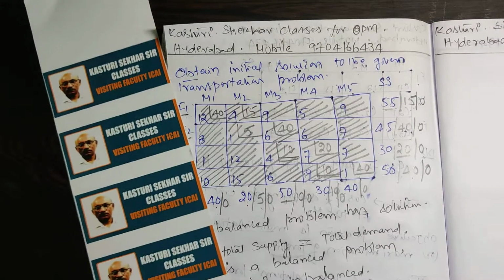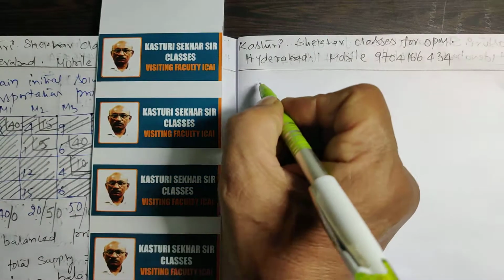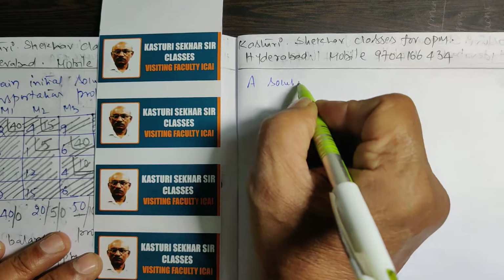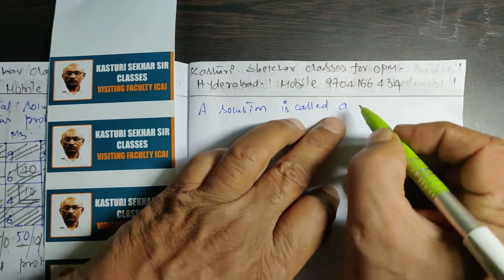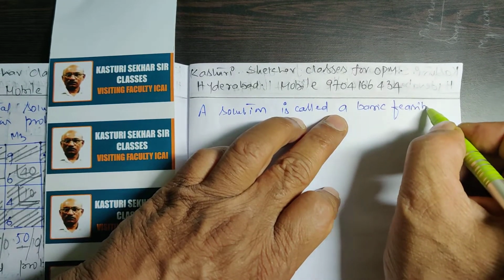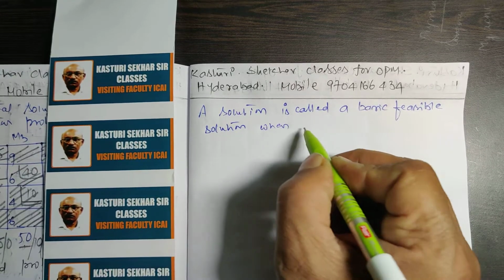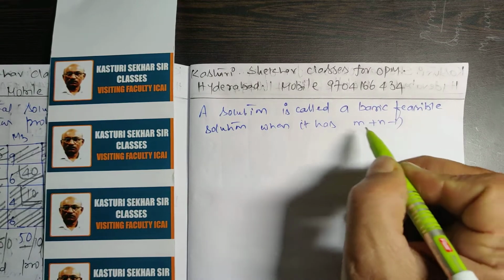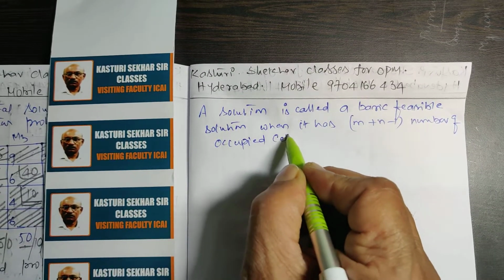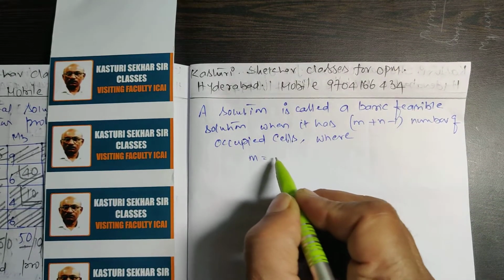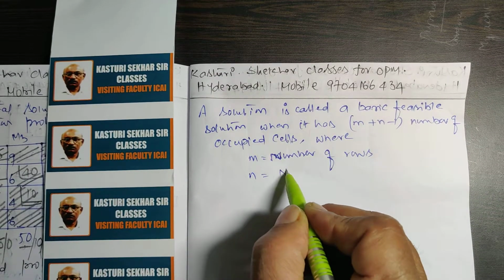Let's see a point here. A solution is called a basic feasible solution when it has m plus n minus 1 number of occupied cells, where m is equal to number of rows, n is equal to number of columns.